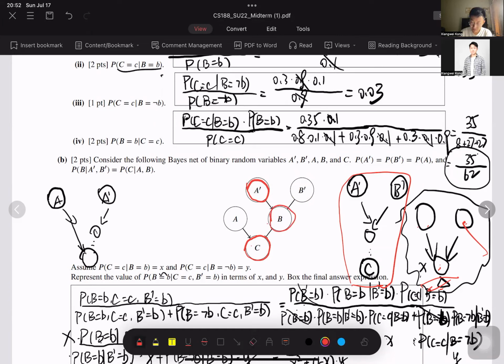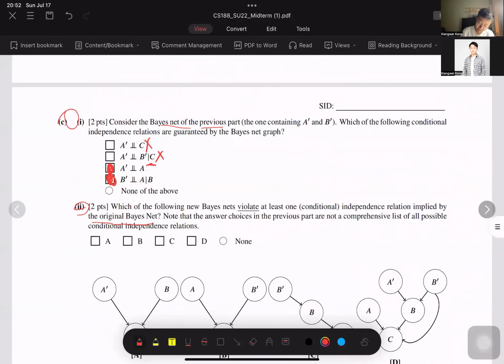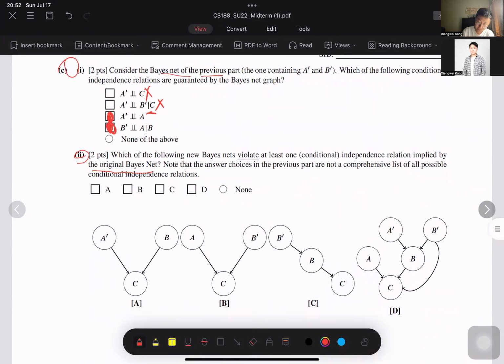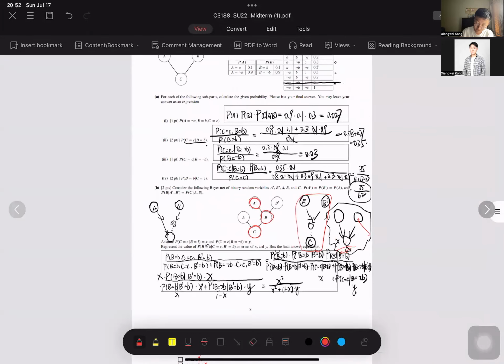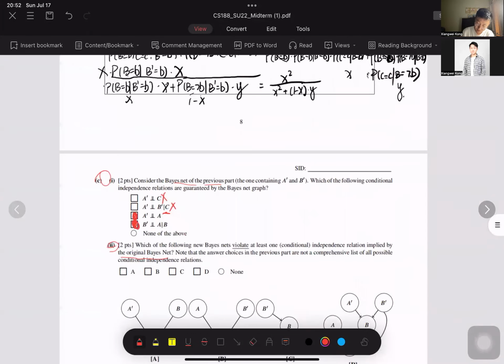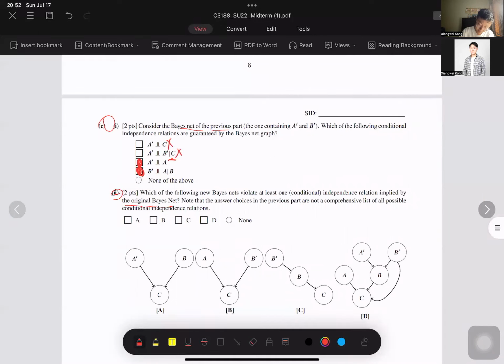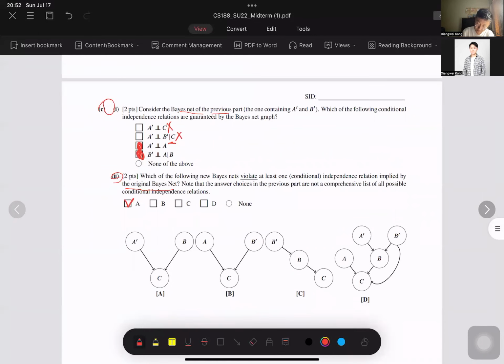So in this Bayes-Net, it says A prime and B cannot be independent in any circumstances. But here they say that if C is not given, A prime and B are independent. That's why it breaks the original independence relationship. So we choose A.